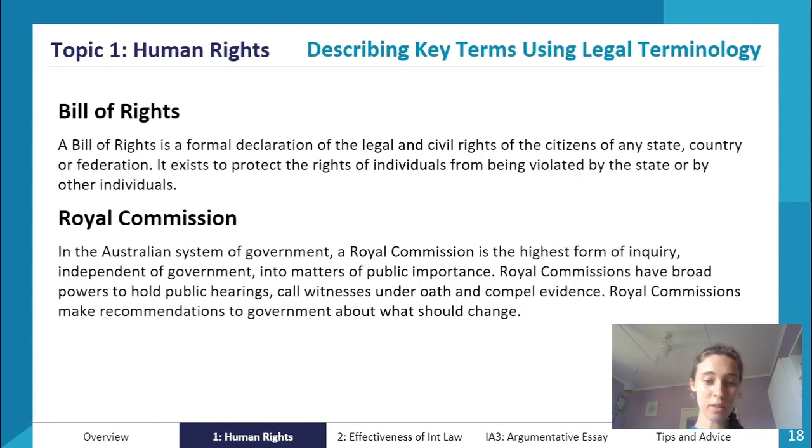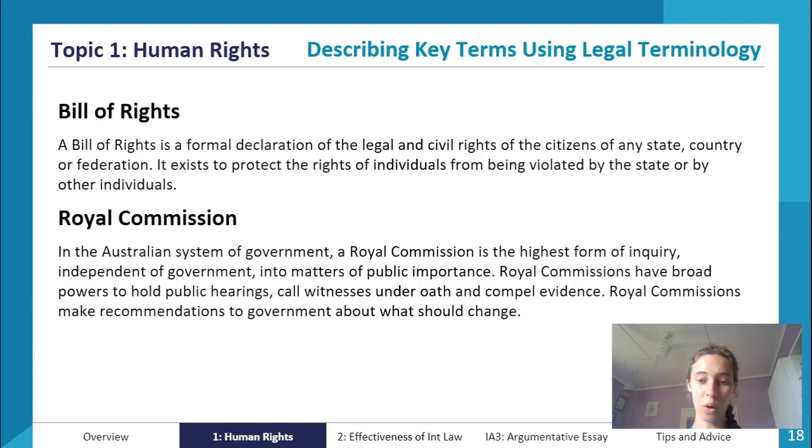Our royal commissions. So again, hopefully you've heard about these as well in the media. So the Australian system of government has royal commissions that are that highest form of inquiry. So it's independent of government and they investigate matters of public importance. So we've had royal commissions into banks, we've had royal commissions into aged care, all those sorts of important matters that required investigation.